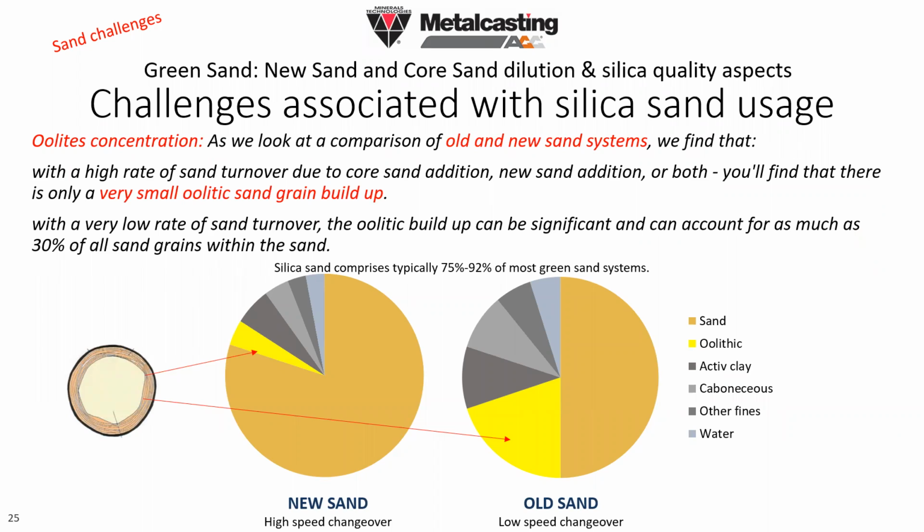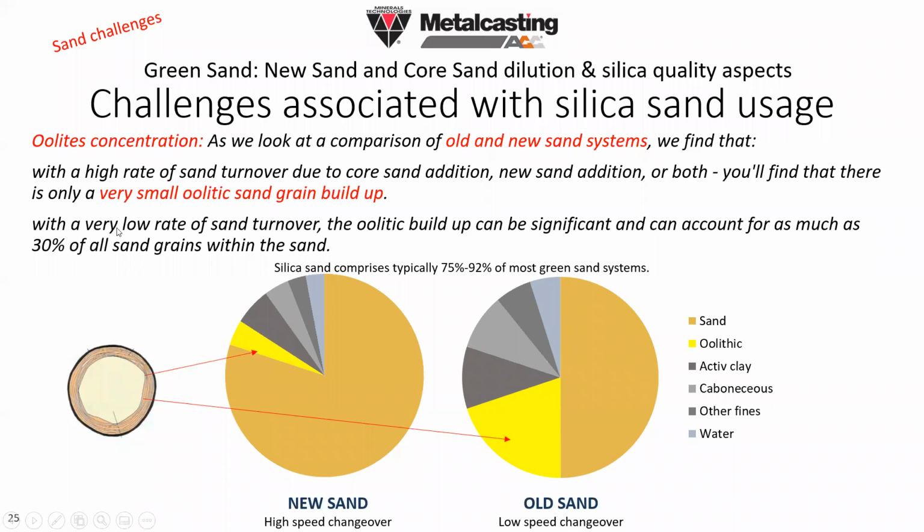That can change depending on the new sand system. If you have a high new sand addition, or both new sand and coarse sand addition, then you will have a very small oolitic buildup, and the concentration of oolitic, in yellow there, may be under 5%, even under 3%.